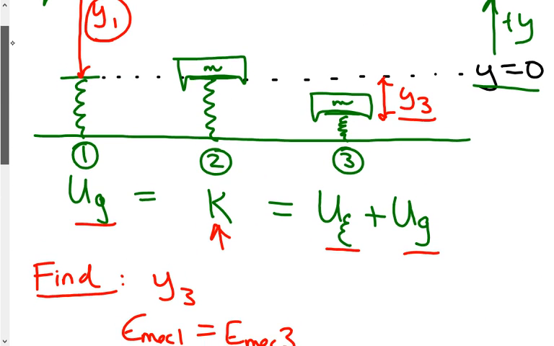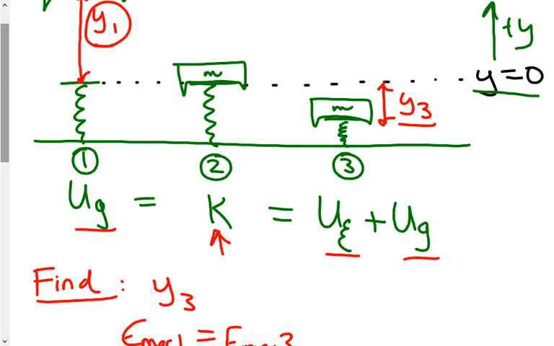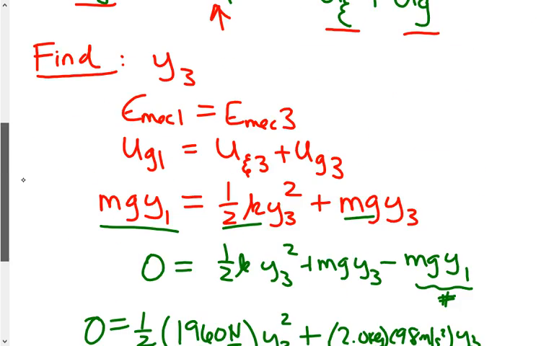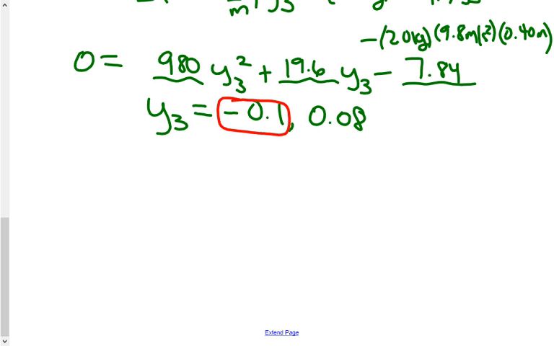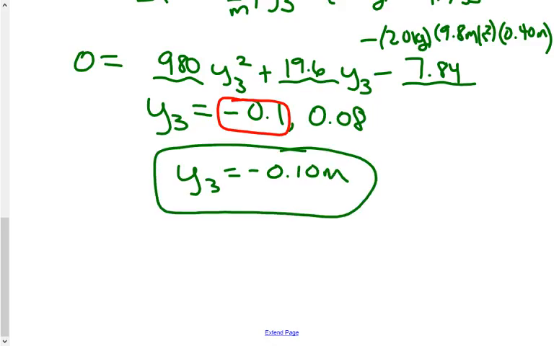Yeah, because if we look back up here, y3, which we labeled on our picture, is negative because positive y is up. So what we're looking for is the negative 0.1 meters. So my answer is actually that y3 is negative 0.10 meters. Okay?